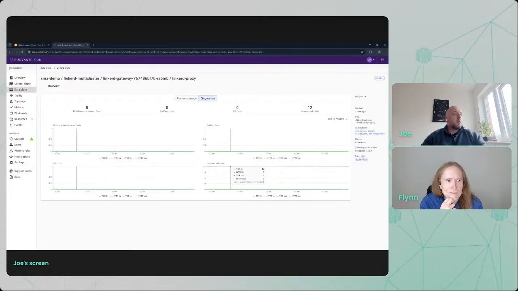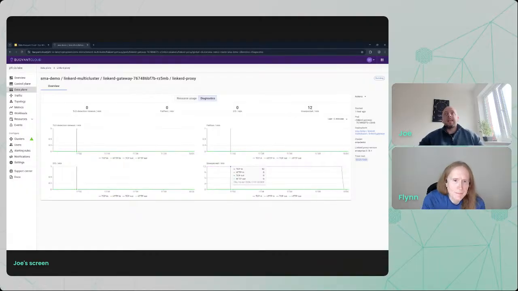I think this would be traffic that the gateway isn't there to process. Obviously the Linkerd gateway is there to handle Linkerd traffic. So something in my cluster is hitting the gateway and it's like, no, go away, leave me alone. Which again is a pretty valuable metric, right?